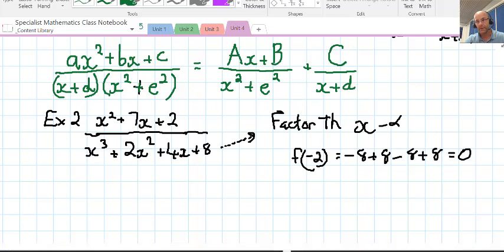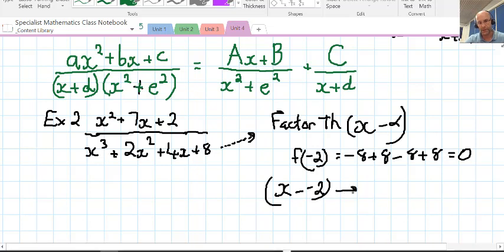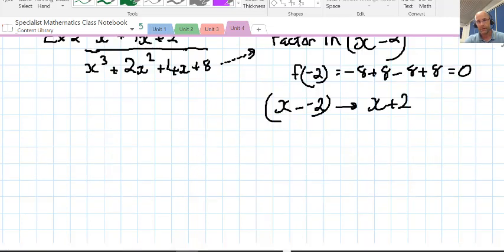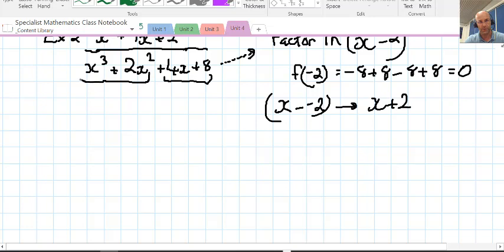So x minus negative 2 is a factor, or we would say x plus 2 is a factor, okay? Now either by factorizing the quadratic by inspection, because you can see there's pairs of factors of x plus 2, x plus 2. So by inspection works, or you could try polynomial division and divide the x plus 2 into the cubic. It's not that hard, and this one comes out pretty quickly.